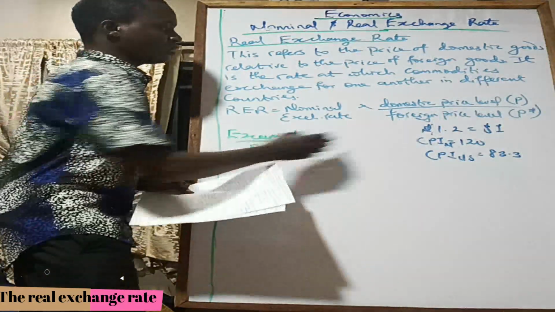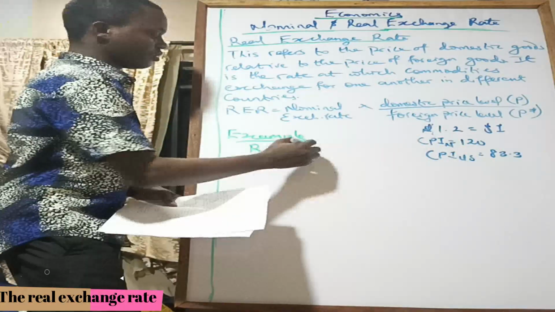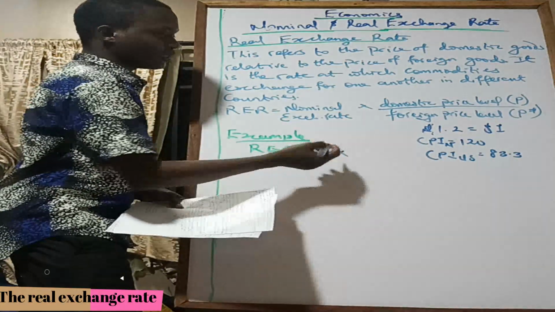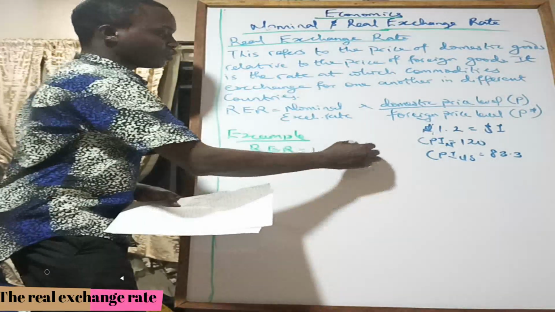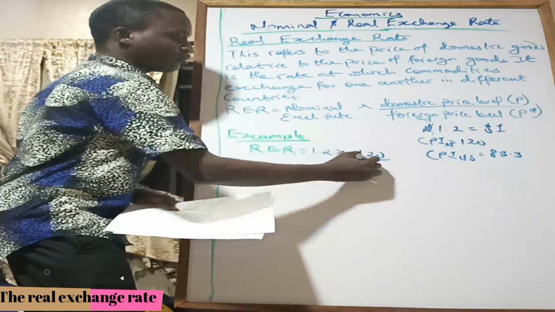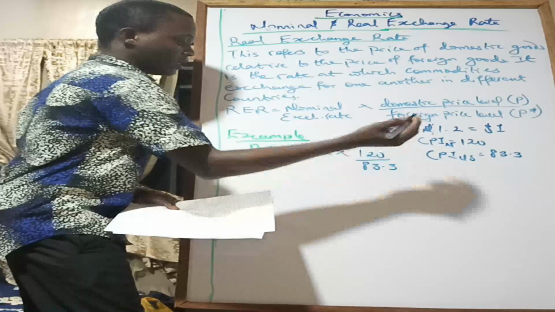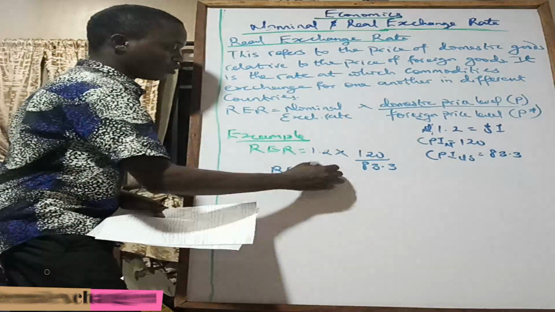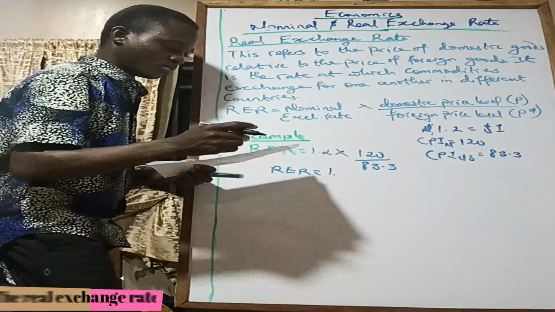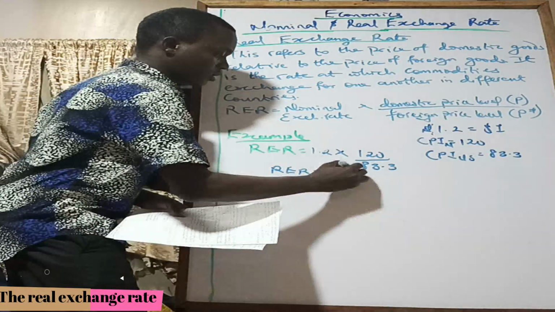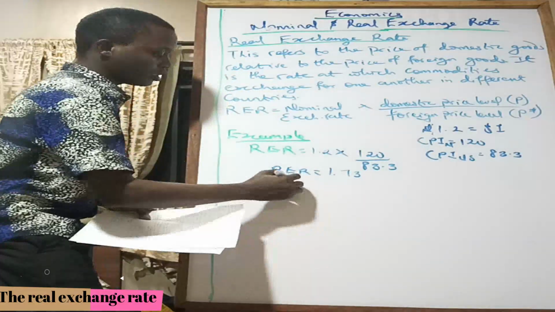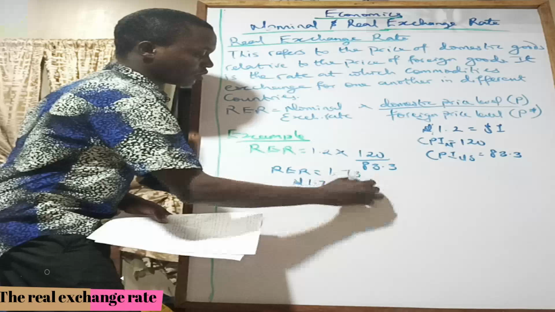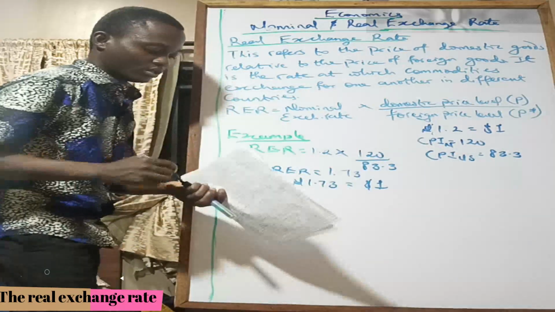It's going to be 1.2, the nominal exchange rate, multiplied by the domestic price level of 120, divided by the foreign price level of 83.3. The real exchange rate gives us 1.73, which means in real terms we need 1.73 naira to get something worth $1 in the US.